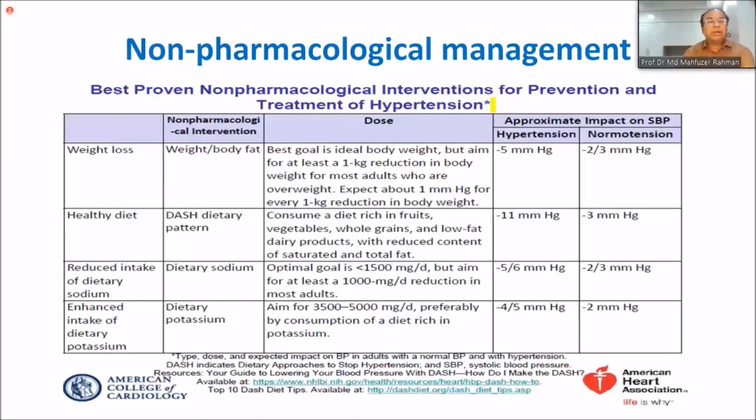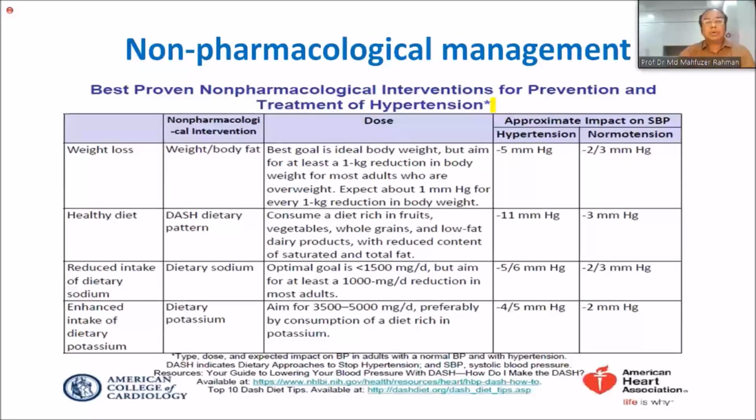You know, the dietary approaches to stop hypertension. The diet is rich in fruits, vegetables, whole grains, low fat dairy products with reduced content of saturated and total fat. Reduced intake of dietary sodium, enhanced intake of dietary potassium.